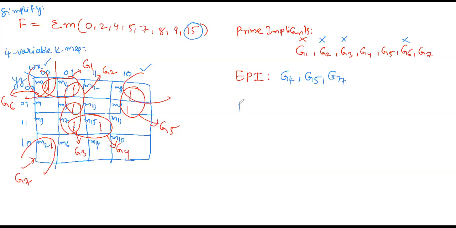So final expression, F is equal to G4 plus G5 plus G7.